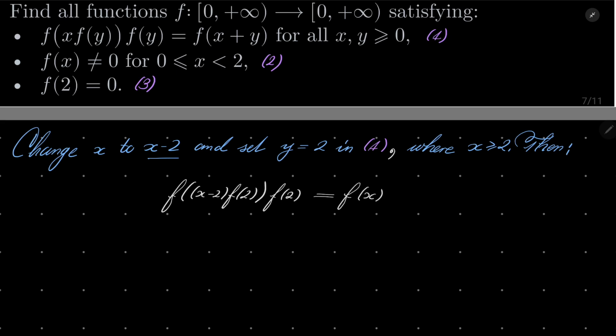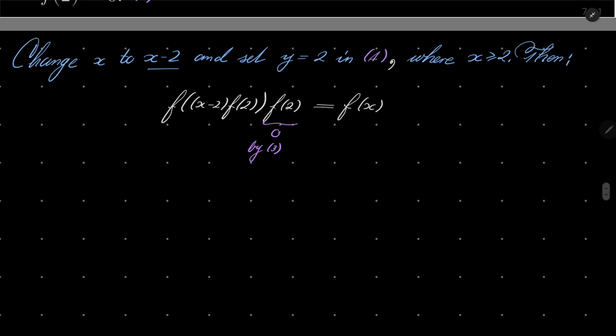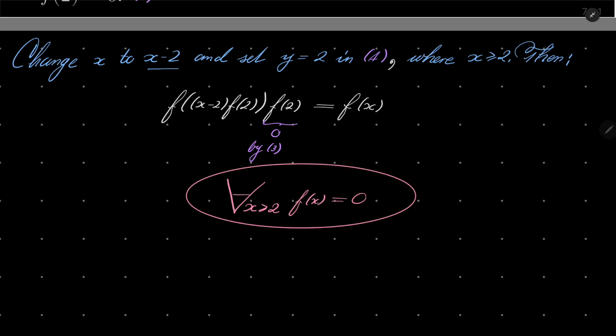Now, what is f of 2? Well, f of 2 is 0 by condition number 3, which means obviously that for every x greater than or equal to 2, our function is constantly 0. Let's call this condition asterisk.